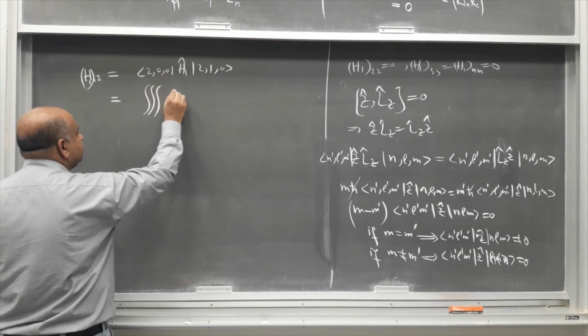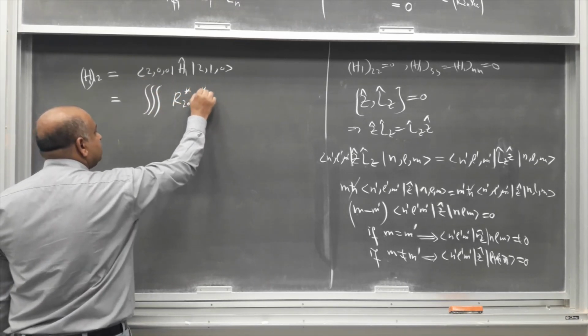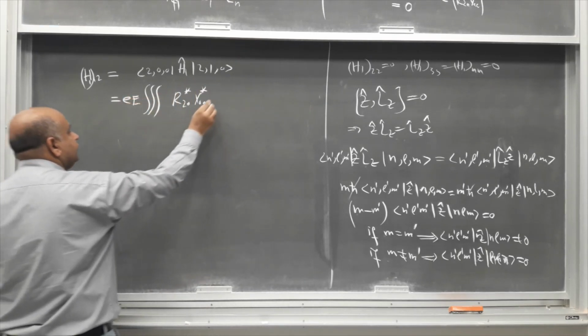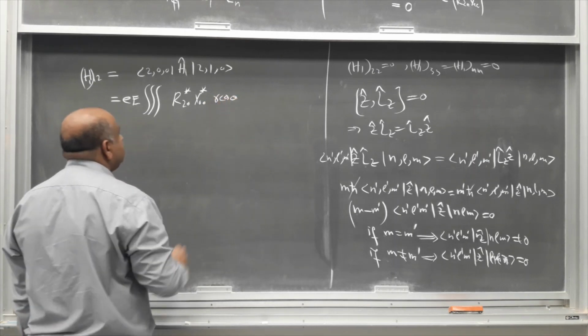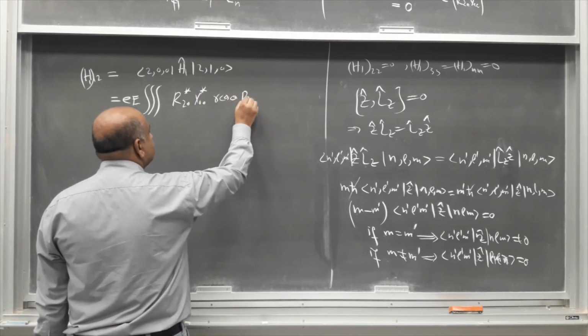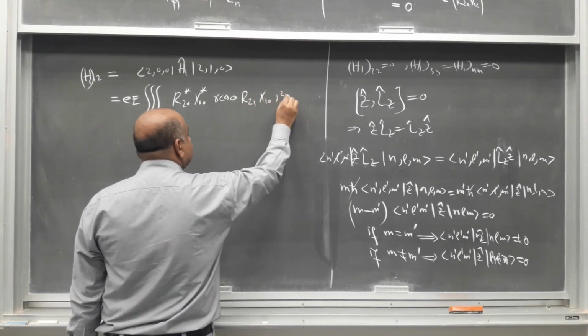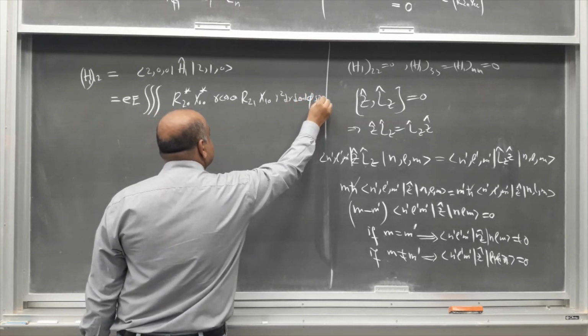So this 200 is R20 Y00, H1 is e and Z, let me write r cos theta in place of Z, and this 210 is R21 Y10, and r squared dr d theta d phi sine theta.